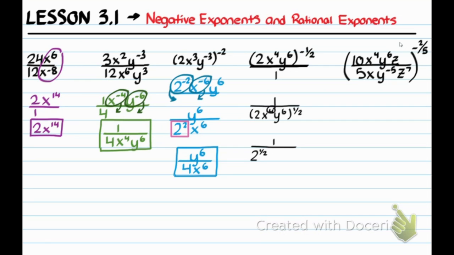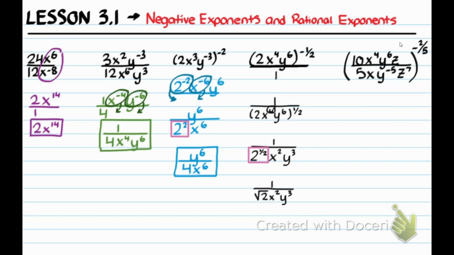So it would be x to the second, because 4 times 1/2 is 2. And then 6 times 1/2 is 3, so y to the third. And then the only thing you could fix is this radical. 2 to the 1/2 is really the square root of 2. So it would be 1 over radical 2, and then x to the second, y to the third.